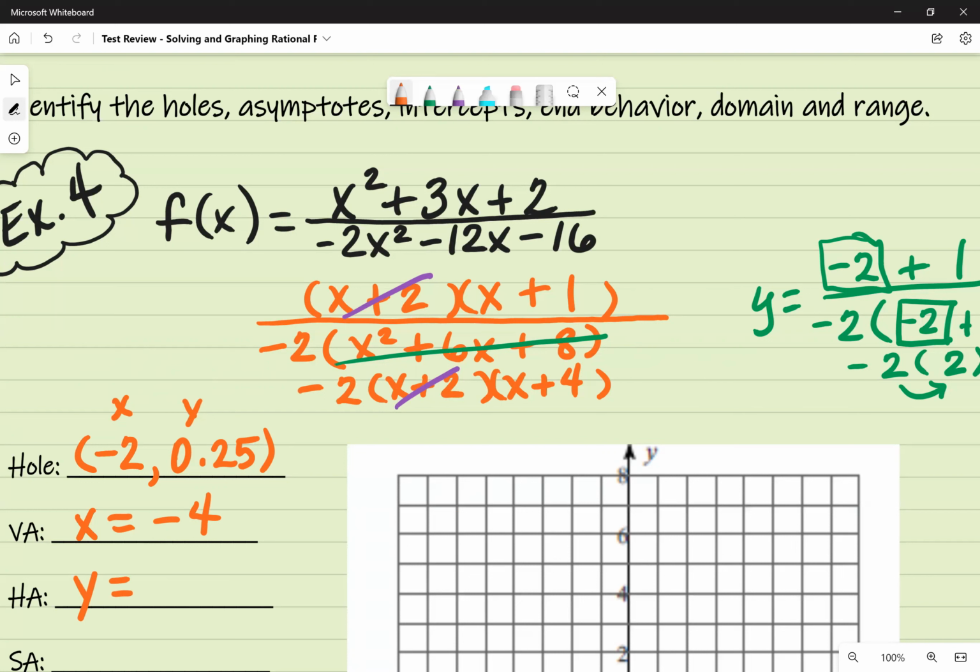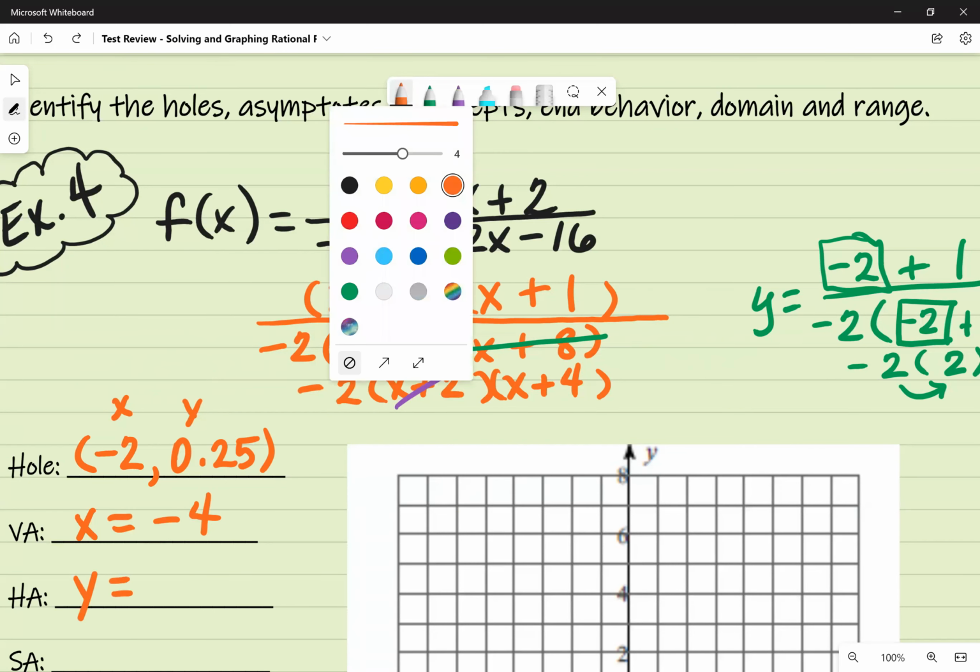So I gave you in another video the rules for identifying your horizontal asymptote. What you're looking at is the degree, your highest degree. And in this case, since they're exactly the same, the rule tells us to look at the leading coefficients in front of them. So I have a 1 over -2, which translates as -1/2.